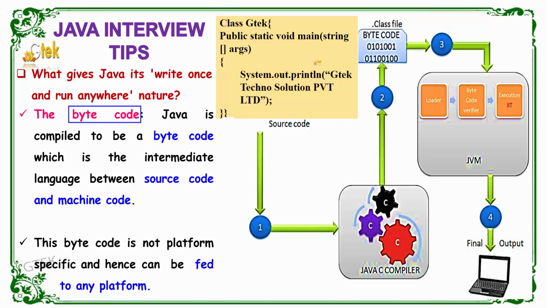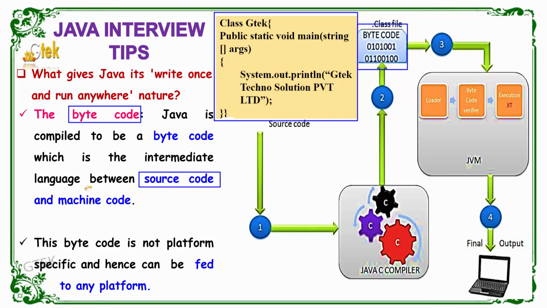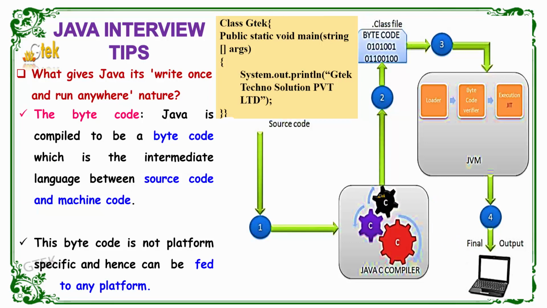Whenever you compile a Java program, it is initially compiled into a bytecode, which will act as the intermediate language between your source and machine code. This intermediate language can be directly run in any Java Virtual Machine, giving your final output.